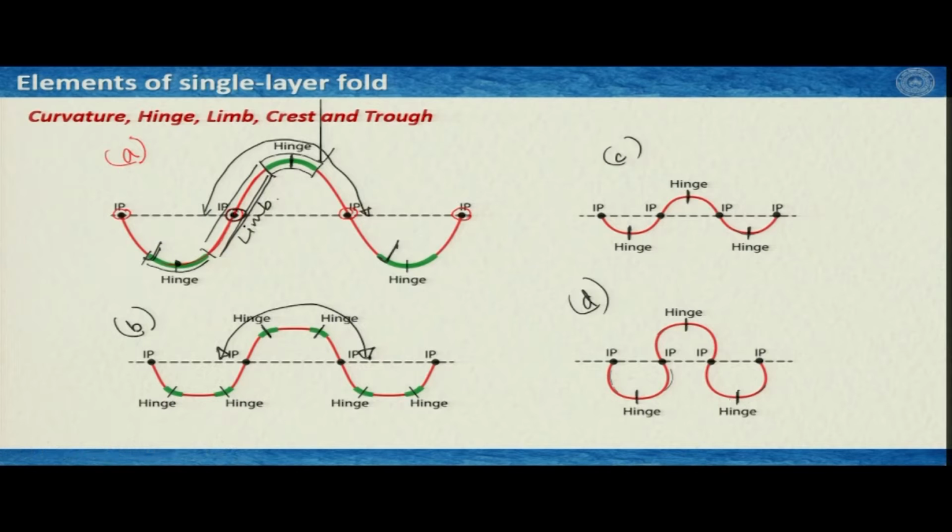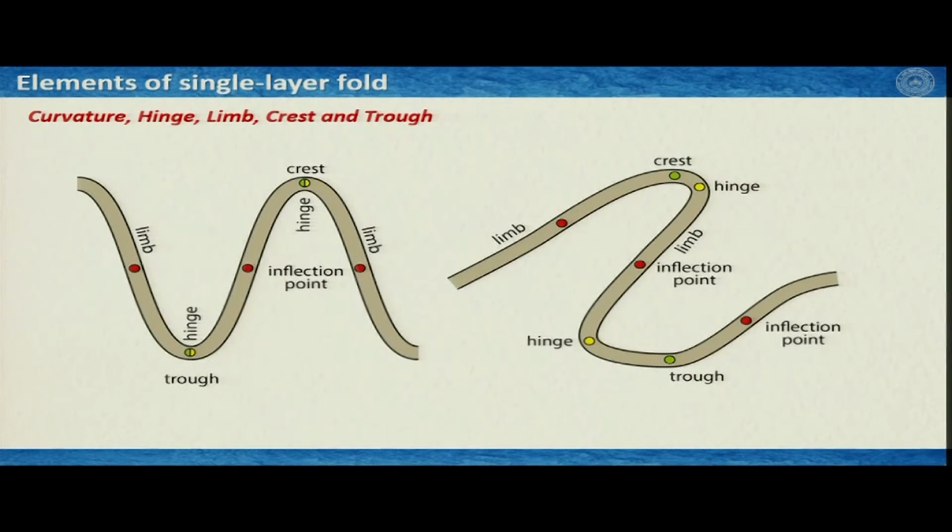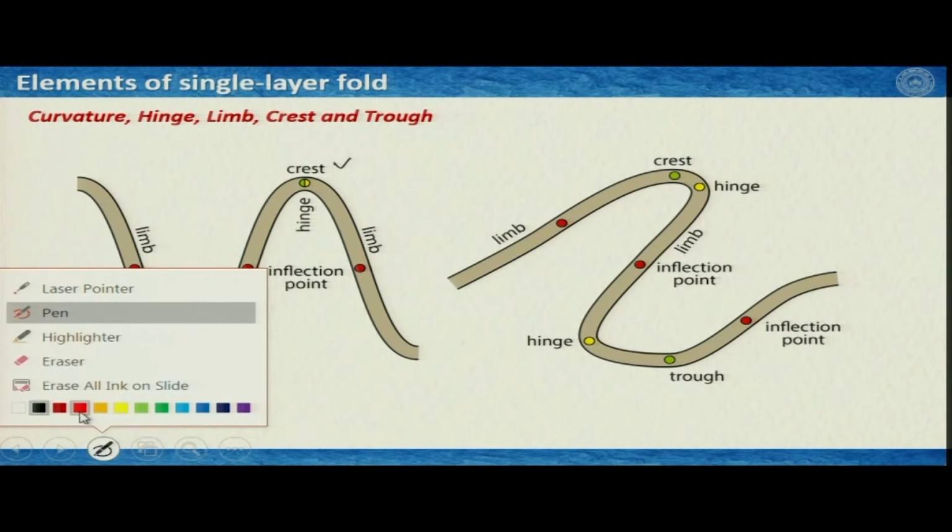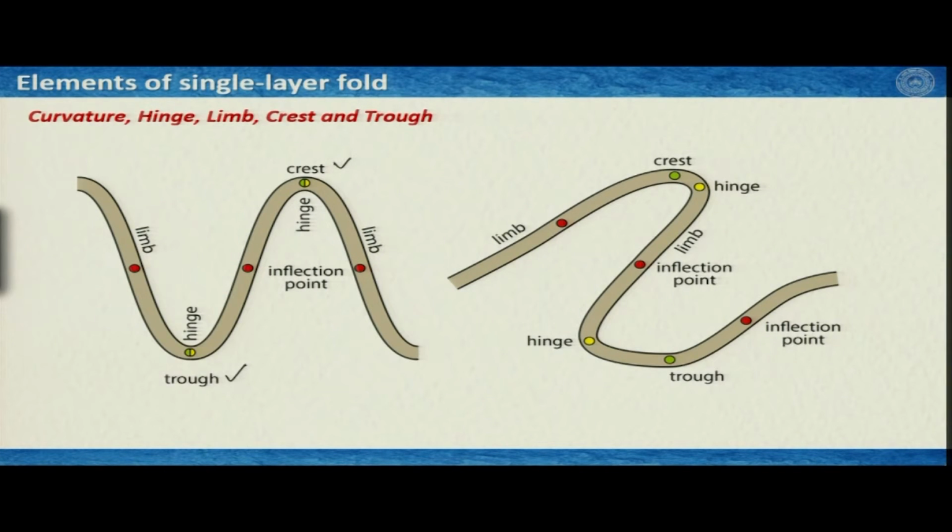Let us have a look at a similar illustration in a different way. As you can see here, we have also defined the crest and trough, but before that let us quickly summarize what we have learned. Hinge is where we have maximum curvature, here and here. Inflection points are these 3 points that separate the convex side from the concave side of this folded structure.